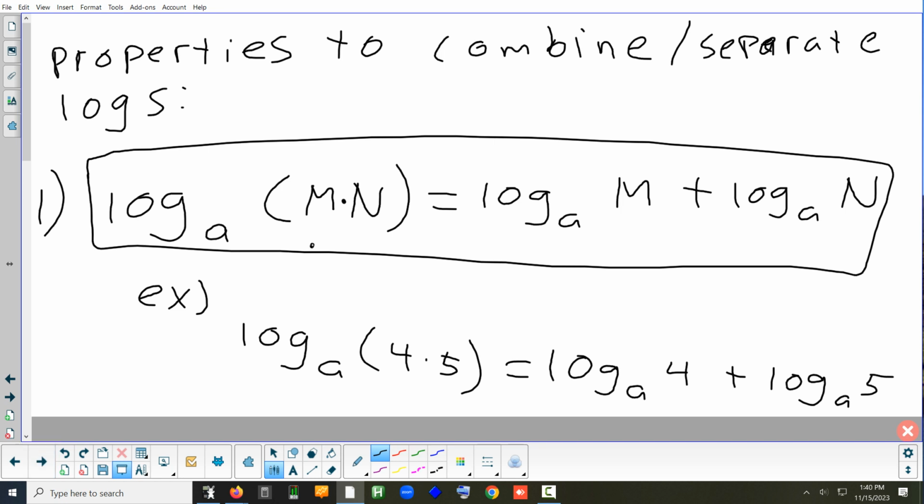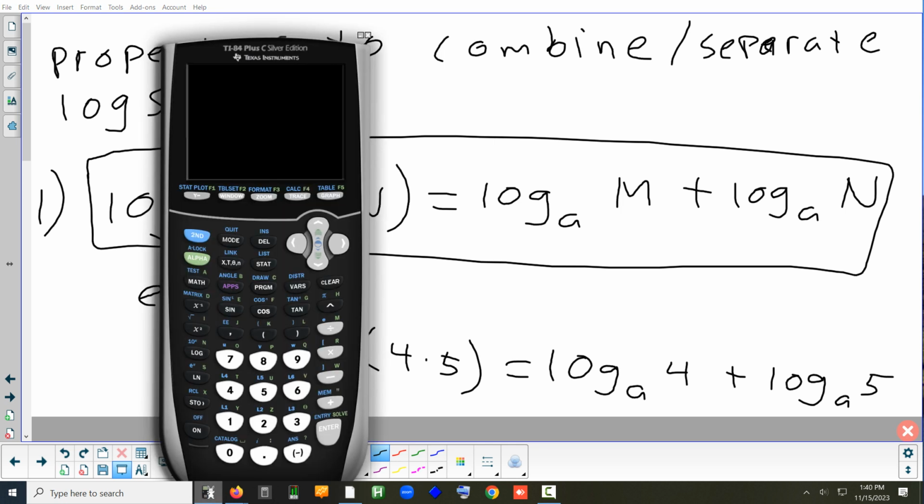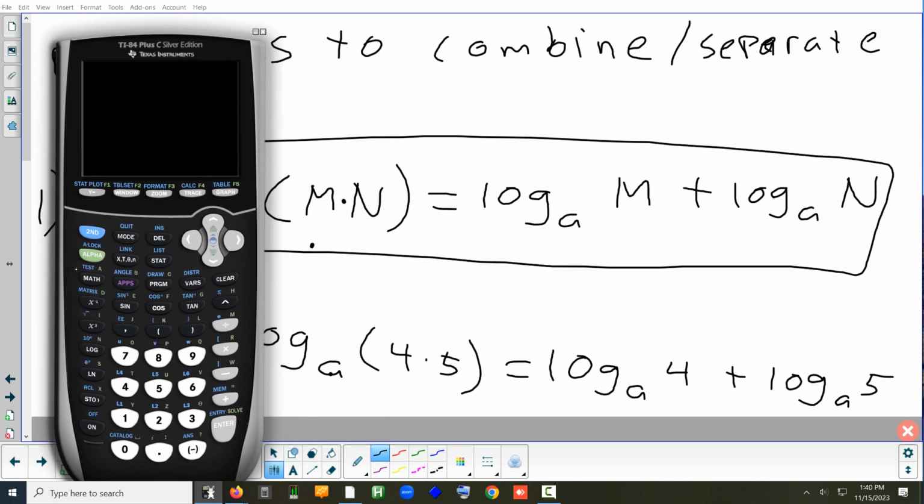A product always turns into a sum. And it turns into the log of the first number plus the log of the second number. Whether you're splitting it or combining it, the base stays the same all the way through the problem. The base started as A, and it stayed as A. The base never changes.